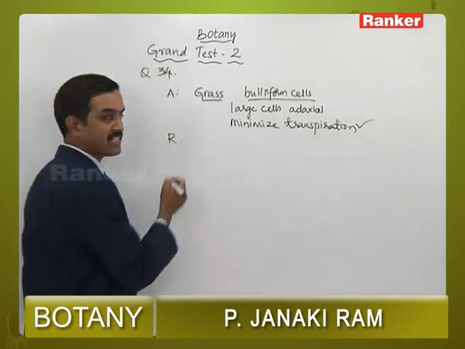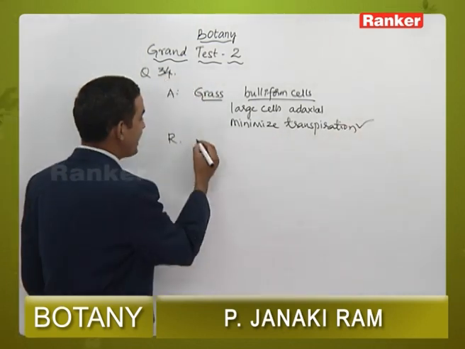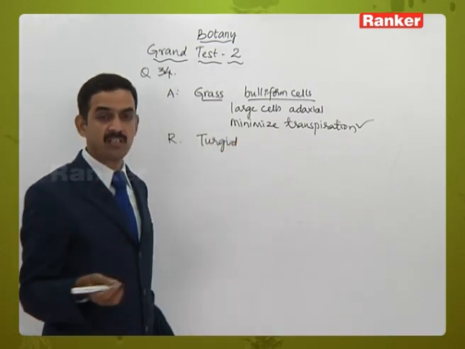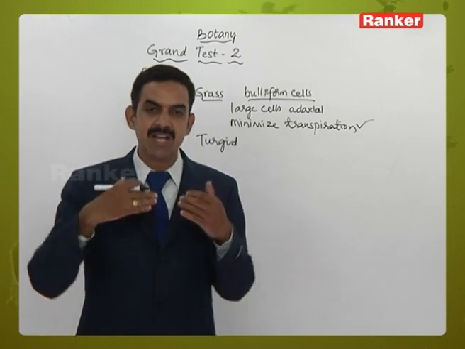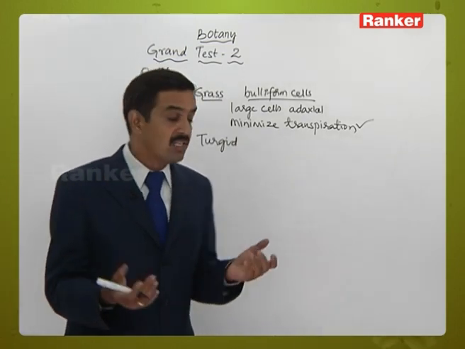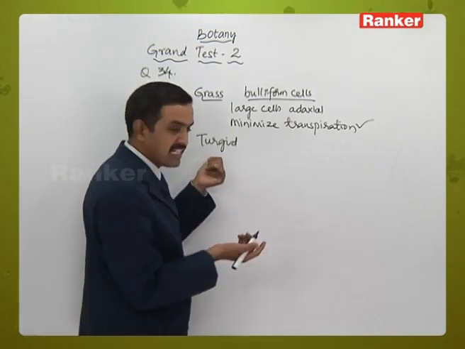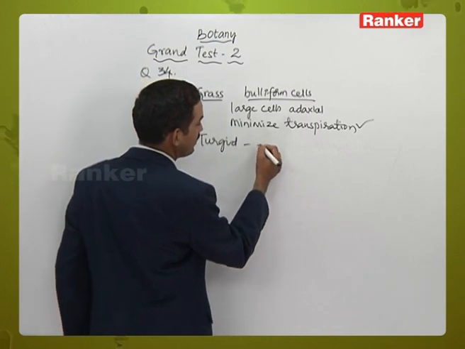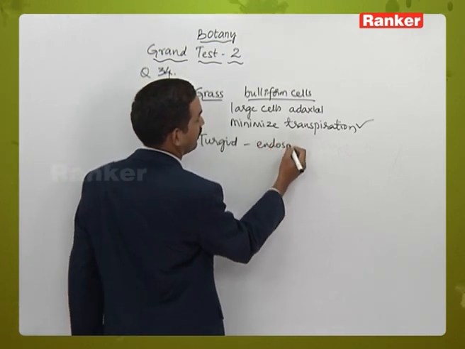Then the reason statement. Here it is related to the turgid condition. What do you mean by turgid condition? When the water enters into the cell by endosmosis, the volume of the cell will increase, right? So when the volume of the cell is increasing, what happens? That is by endosmosis, I said that.